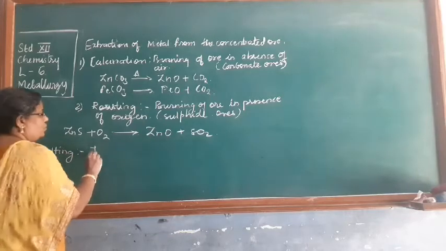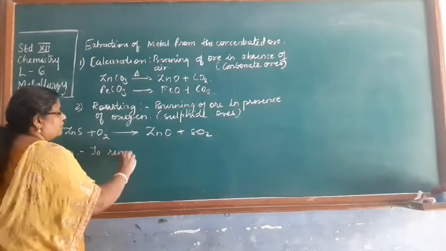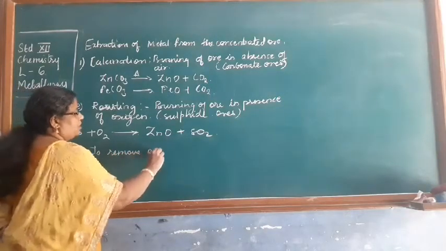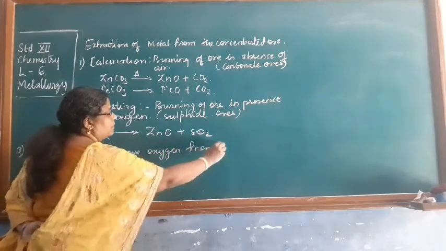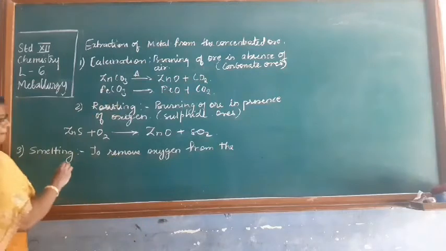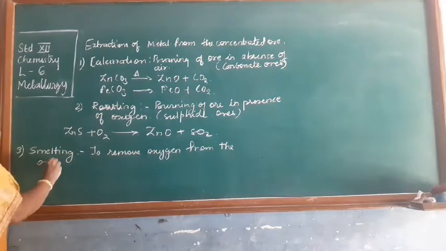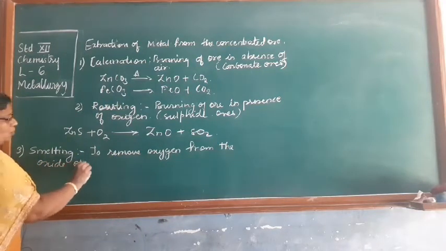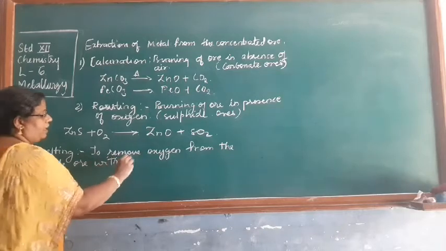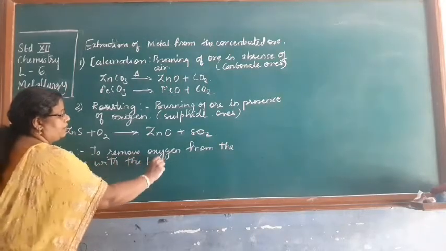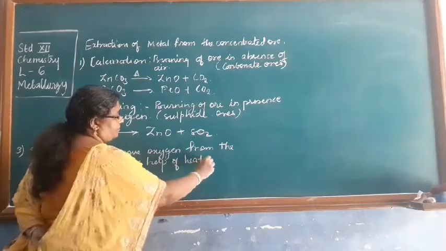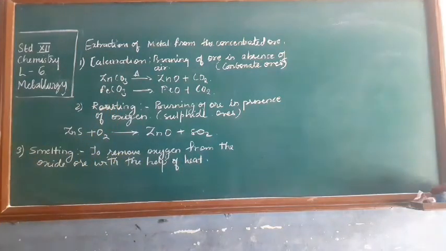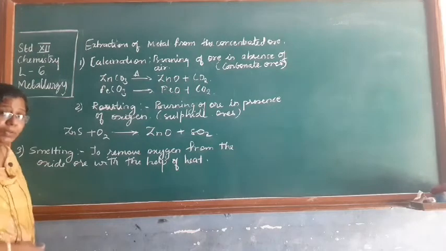Smelting is to remove oxygen from the oxide ore with the help of heat, and this we call pyrometallurgy.